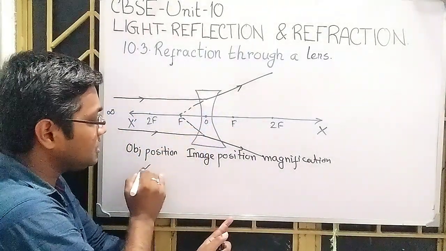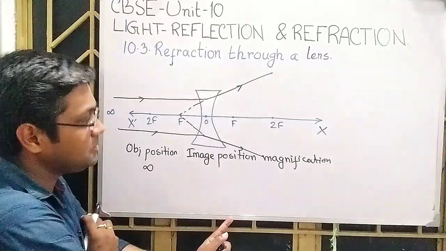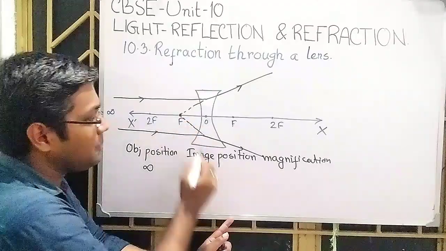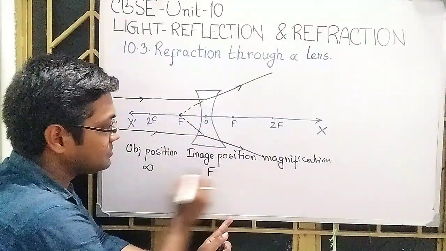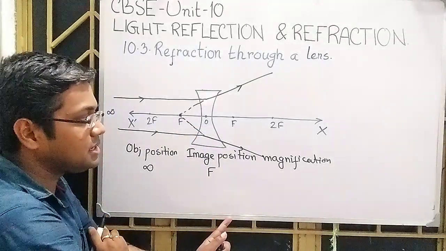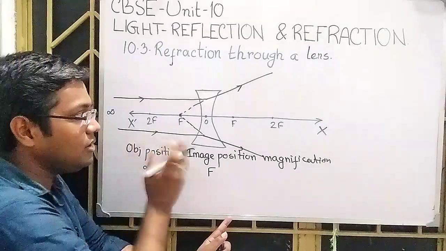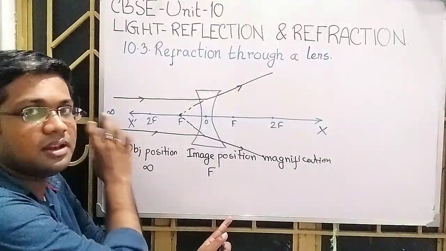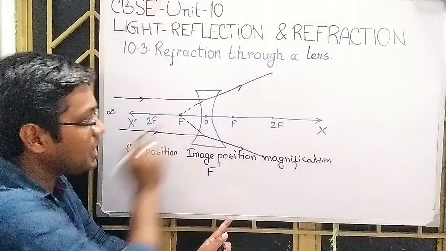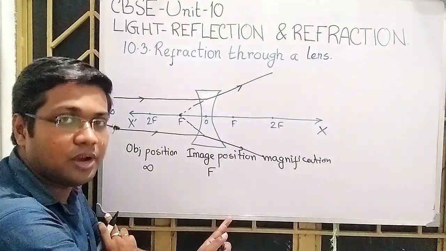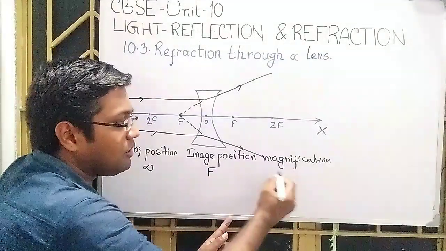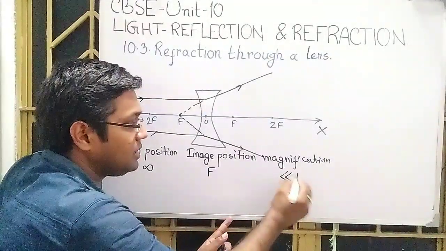So here the object is placed at infinity, and you obtain the image at the focus. Now thinking about the magnification, the object is very large, but the image that you have obtained is a point. So you can see the magnification is much less than 1.